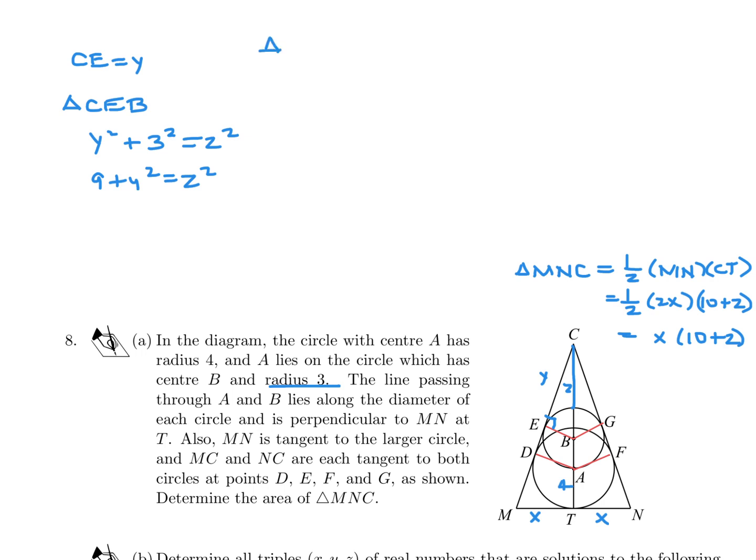I can use similar triangles with triangle CEB and triangle CDA. They're similar. And if I use similar triangles, then of course I can get a ratio of their sides. That should be pretty obvious that those are similar. So CB over CA would be the same as BE over AD.